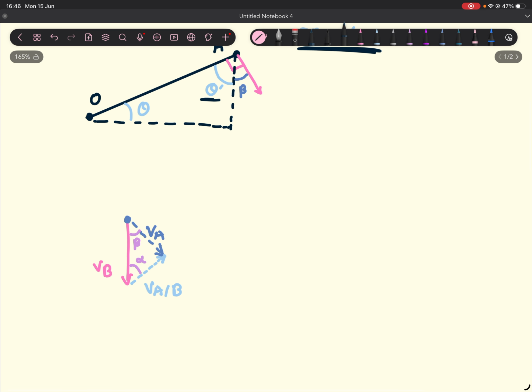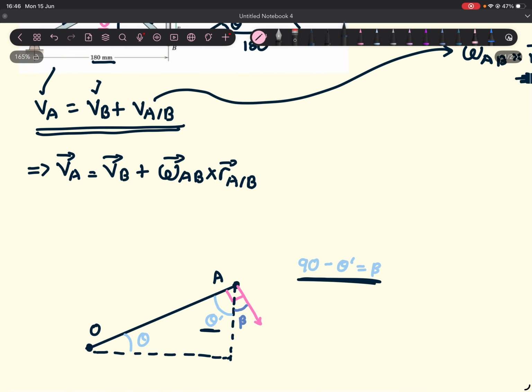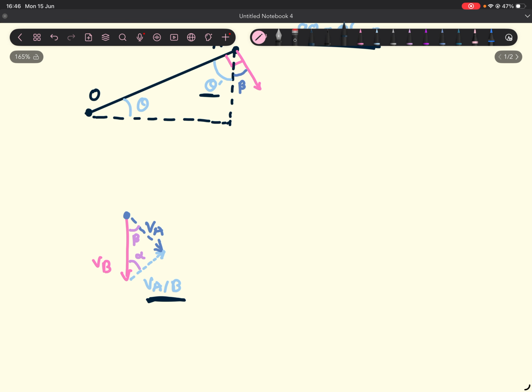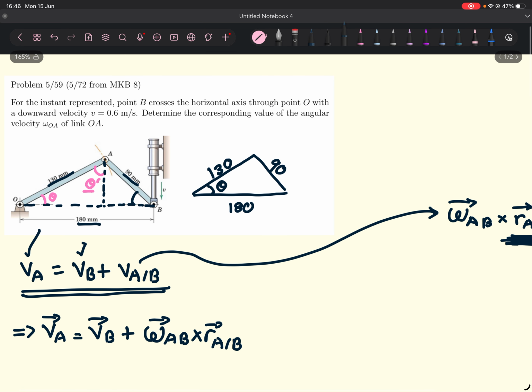Cool. Then for the next vector, we have VA relative to B. And I know its direction. I know that it's going to be perpendicular to link AB, right?